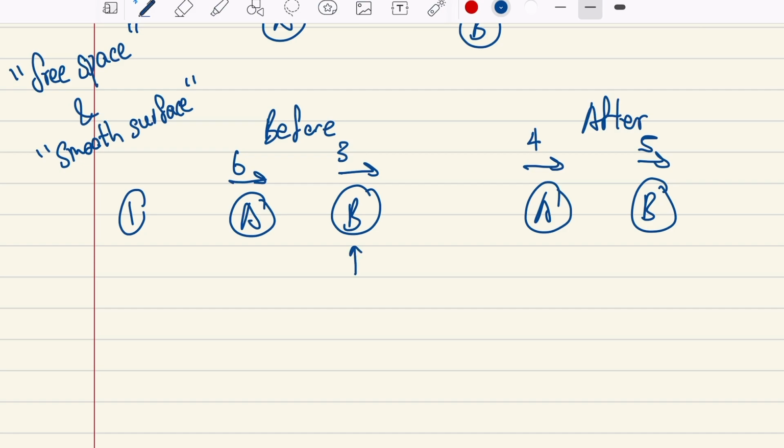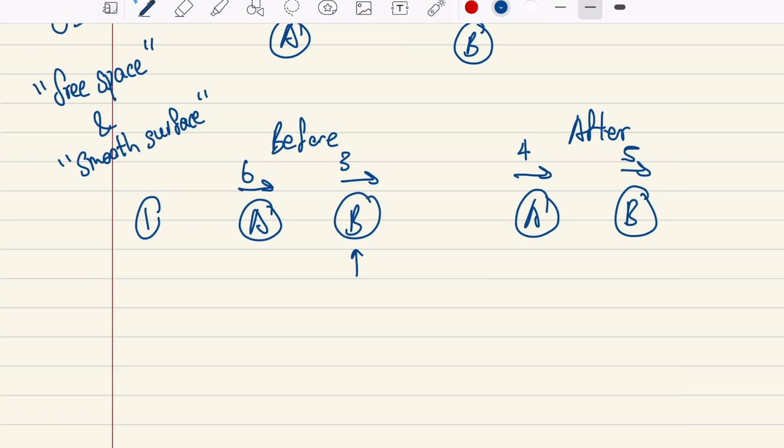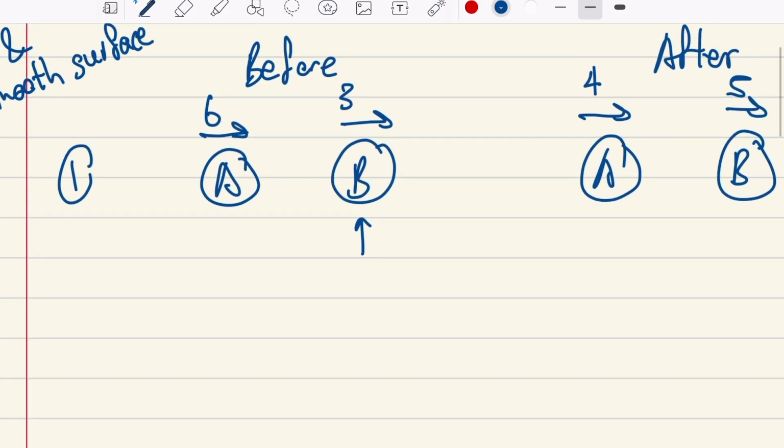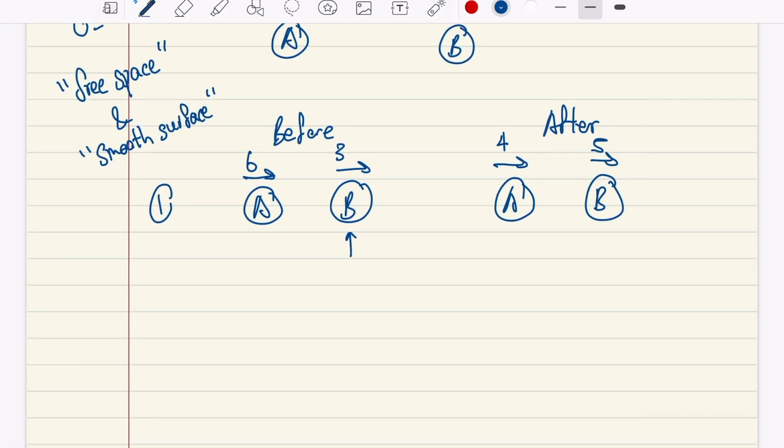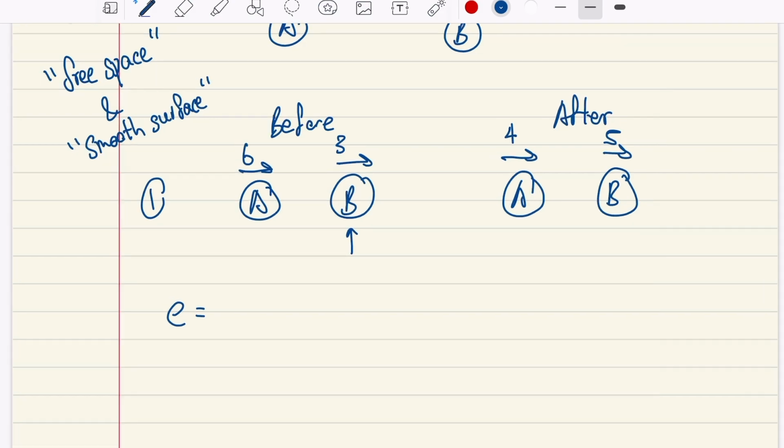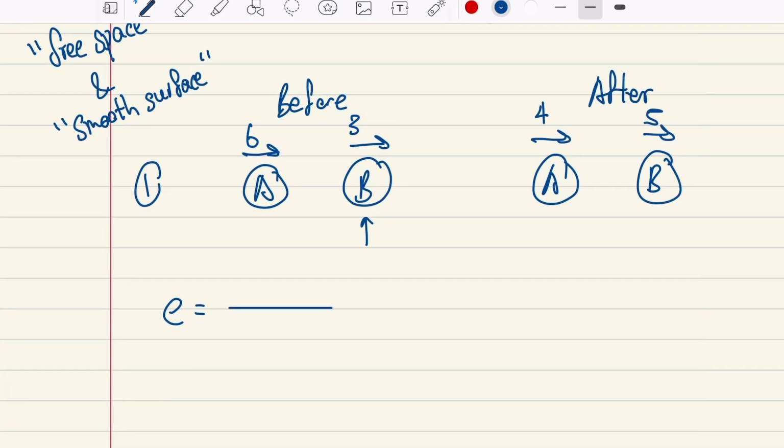And of course, when you're sitting on ball B, you feel that you are at rest because it's moving with constant velocity, so there will be no acceleration, so it just feels like you're not moving at all. And now if you look at ball A, you will see that ball A is moving faster and approaching you by 3 meters per second. Therefore, we know that the velocity of approaching between ball A and B is 3 meters per second, which is 6 minus 3.